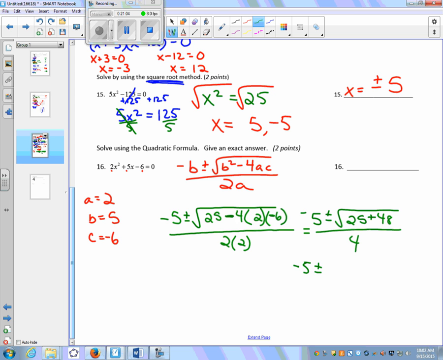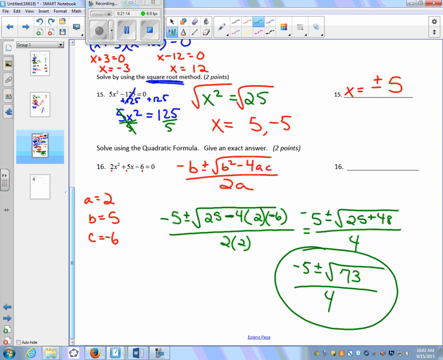Simplify that further. You've got 25 plus 48 is 73. Now this says to leave it as an exact answer, so you can leave it right like that. Negative 5 plus or minus the square root of 73 over 4. That's it.